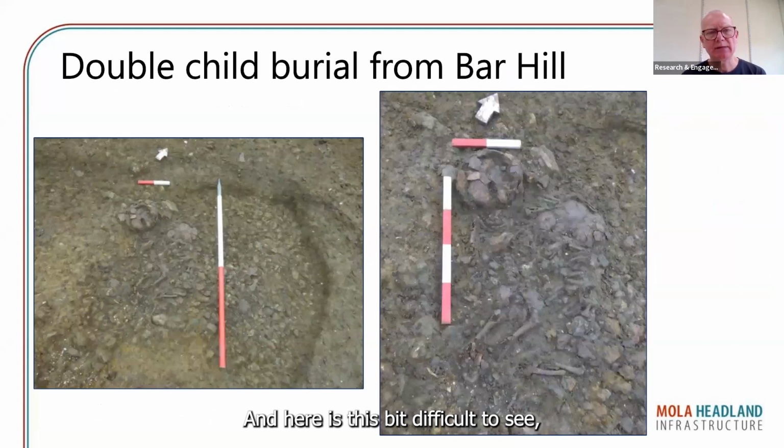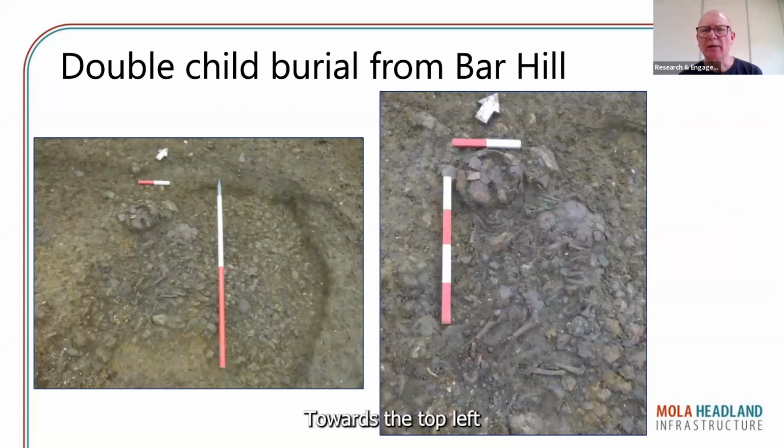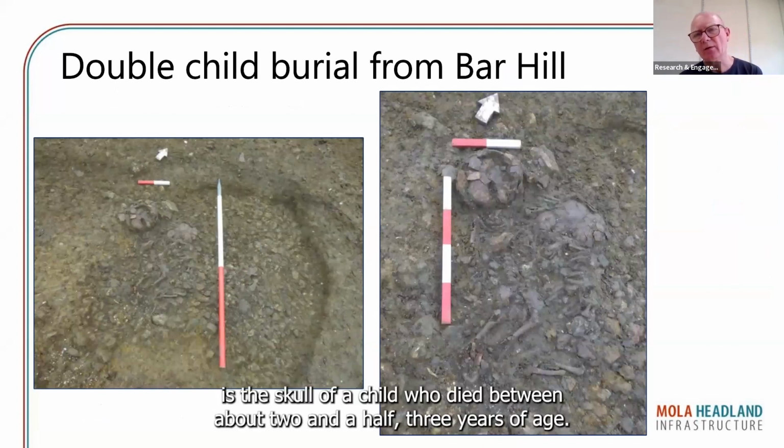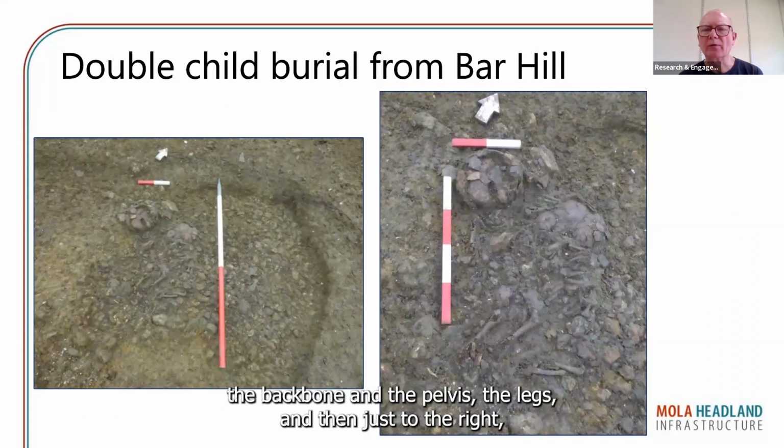And here it is. It's a bit difficult to see, but it is lying on a bed of stones. On the right-hand side, you can see a close-up of the burial. Towards the top left is the skull of a child who died between about 2.5 and 3 years of age. You can see the head and the backbone and the pelvis and the legs.